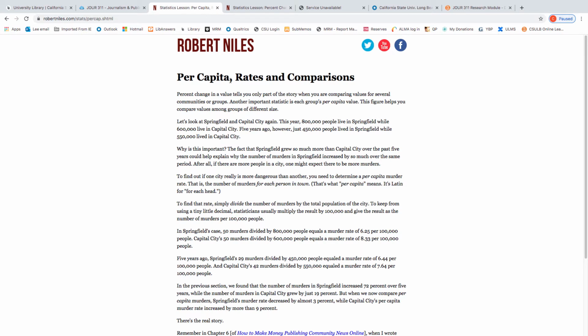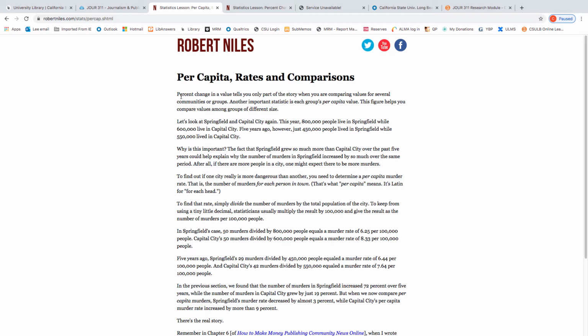Often these per capita rates will be provided for you, but as the COVID pandemic coverage amply shows you, at the very beginning of this, there were no per capita rates. They were just giving you raw numbers, and it was very confusing and very imprecise on where the problems were the greatest.